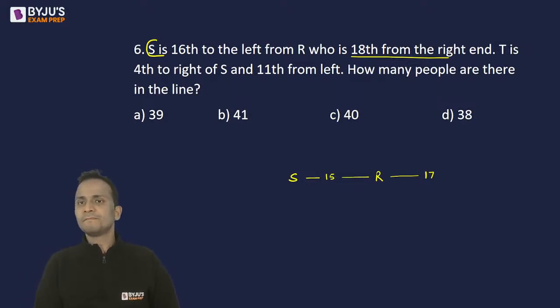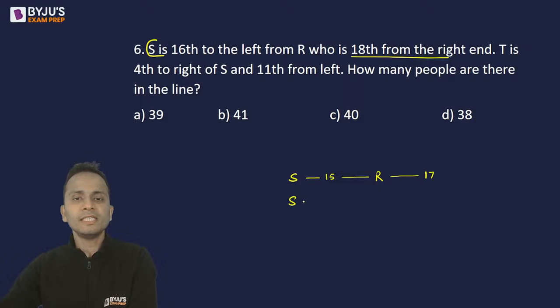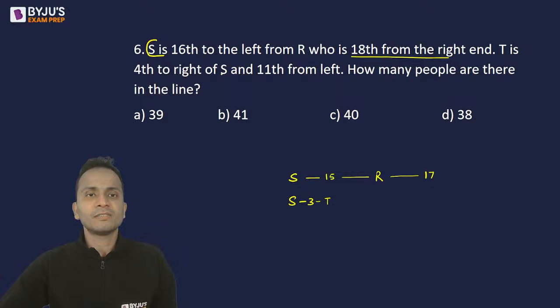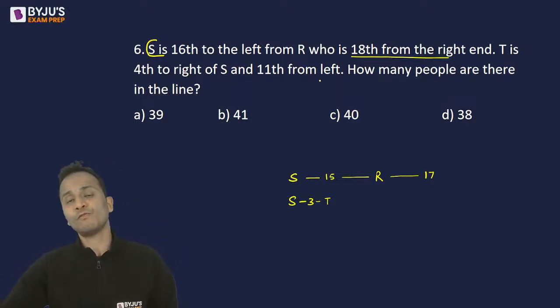Now next statement. T is fourth to the right of S. So T is to the right of S such that there are three people between them. Next, T is fourth to the right of S and 11th from the left.